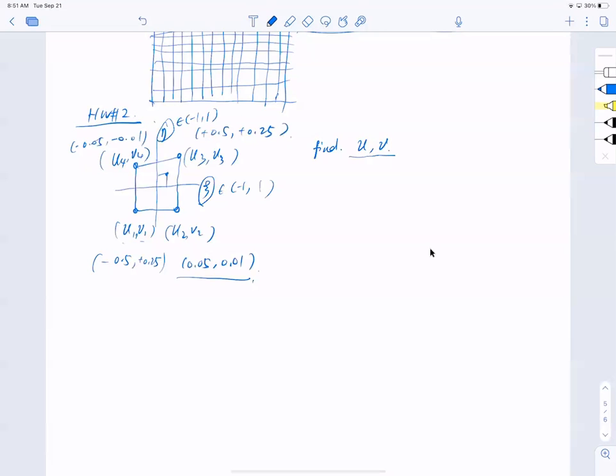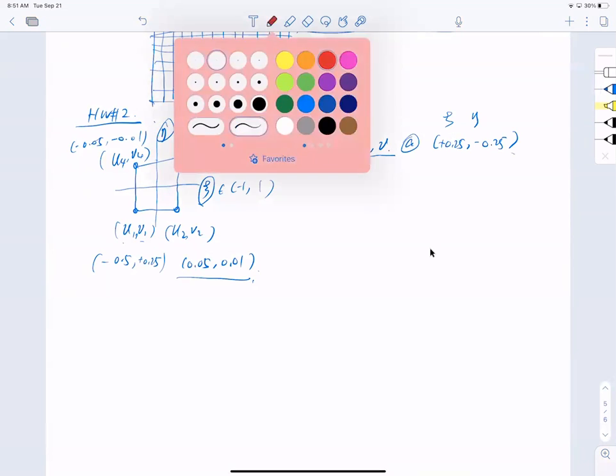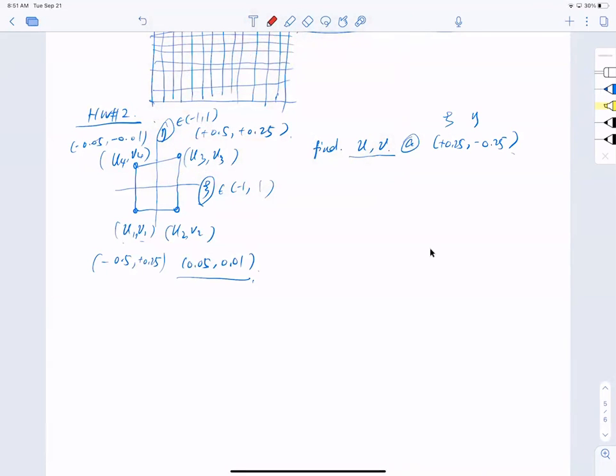I want you to find U, V at xi and eta of 0.25 and negative 0.25. So where are they? Think about it, a quarter here and negative quarter here. This is the point of interest. I want you to find the displacement field at that.